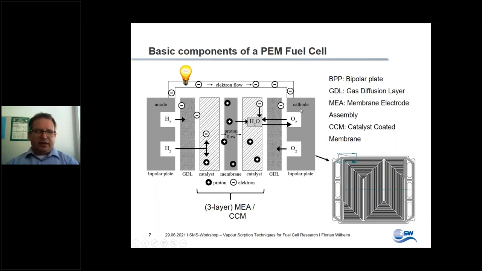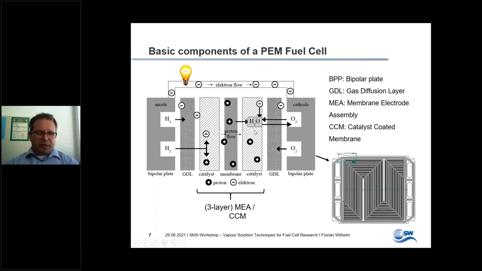At the cathode side, same principle: oxygen, usually as oxygen in air, is distributed over the cell area via those channels, further distributed by the gas diffusion layer, and then transported to the catalyst layer. And at the catalyst layer, the oxygen and the protons react to water.